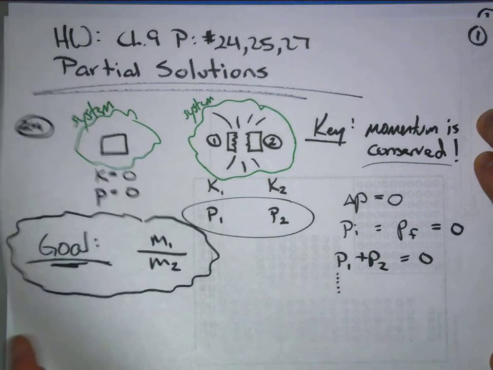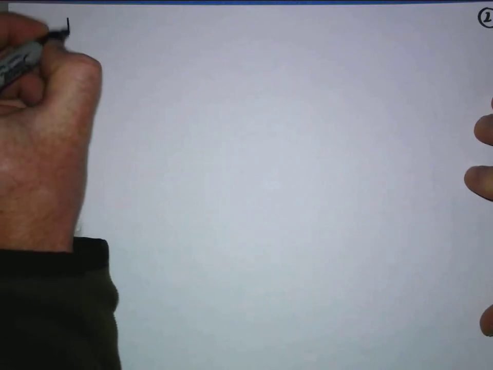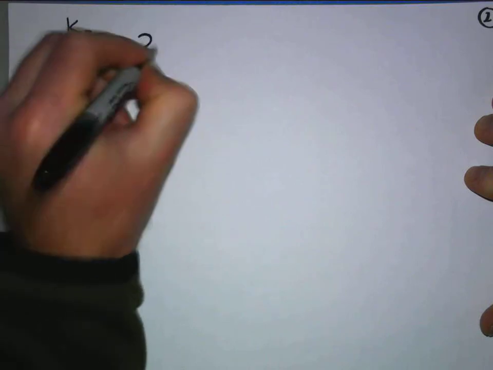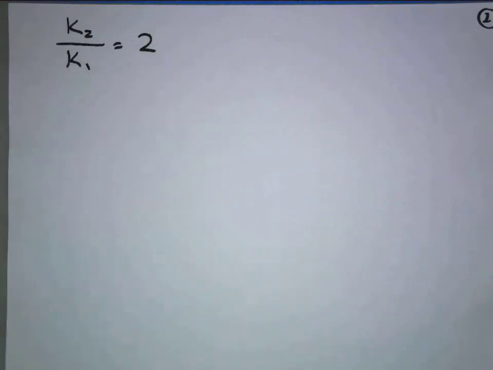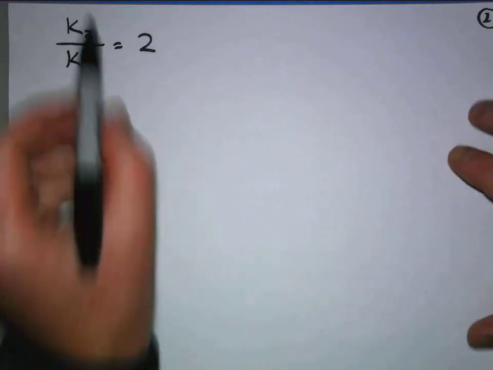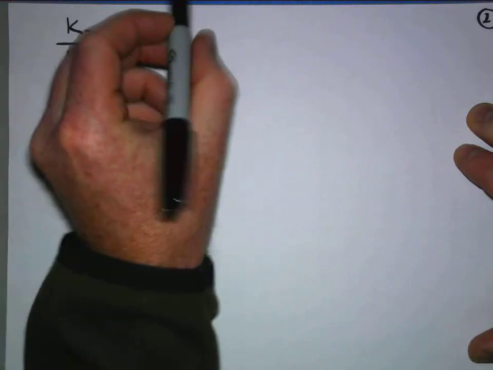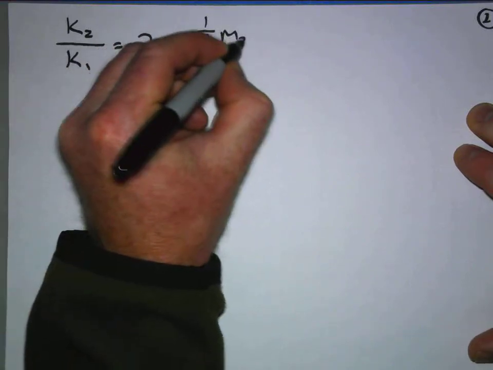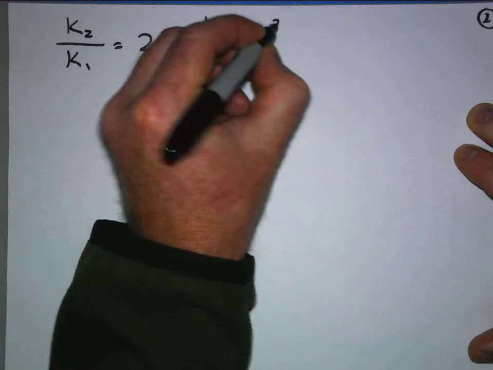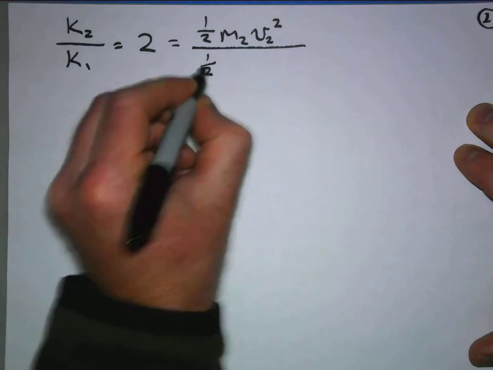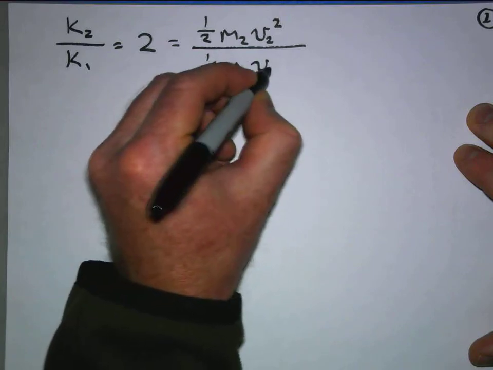So we can set this up as a ratio, the kinetic energy of object 2 to object 1, and that is a ratio of 2. Now we do have to use this, so I'm going to expand each of these: the kinetic energy of object 2 is 1/2 m2 v2 squared, and the kinetic energy of object 1 is 1/2 m1 v1 squared.